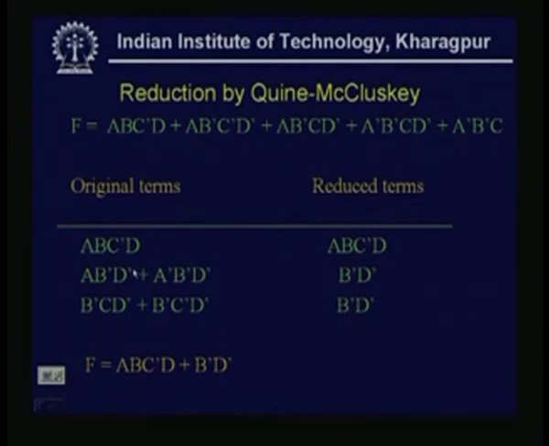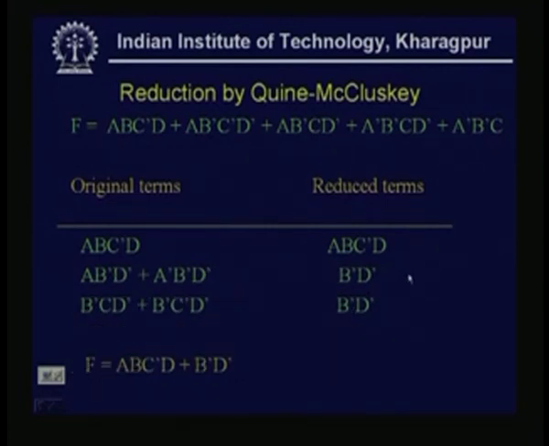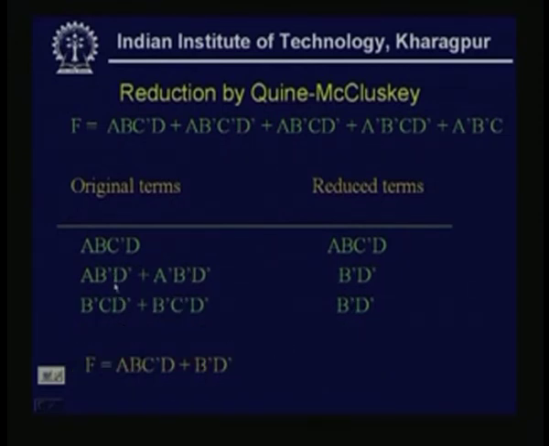So, from these 4 reduced terms we are considering 2 at a time, and this is reduced to b dash d dash, and this is reduced to b dash d dash. Again these 2 reduce to b dash d dash.